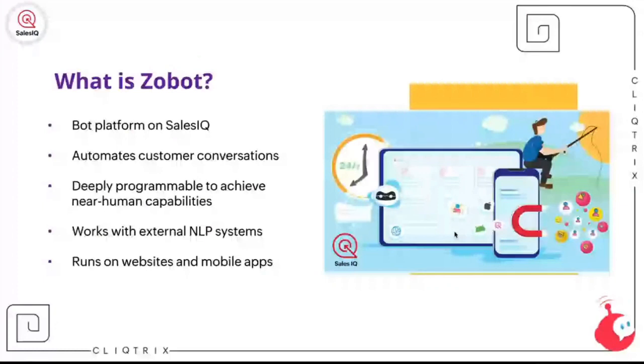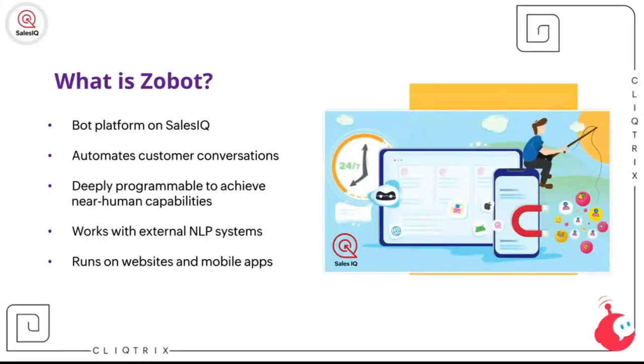So, what is Zobot? Zobot is a bot development platform to build compelling chatbots to automate customer interaction. You can program these bots to act, respond, and qualify customers based on your business. Using smart AI, the bot understands the user's intent and sends a response based on the business criteria you set and the data of your organization.